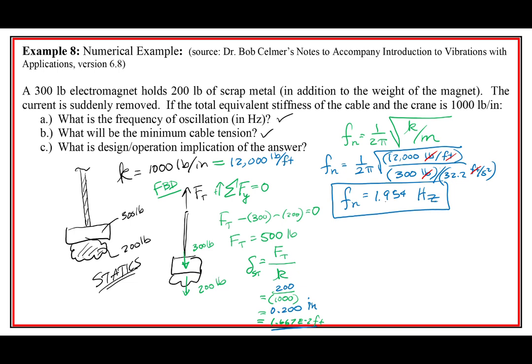So the period is going to be 1 over that. And then in order to find the minimum cable tension, I think what you have is what's going to be the maximum cable tension, which is going to happen when it's on its way back up, right?